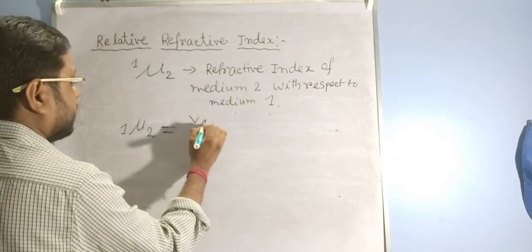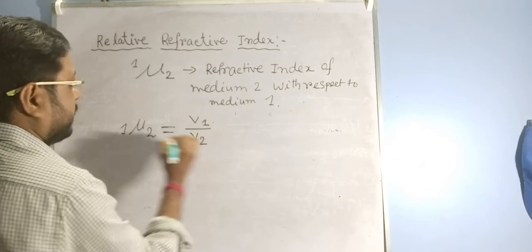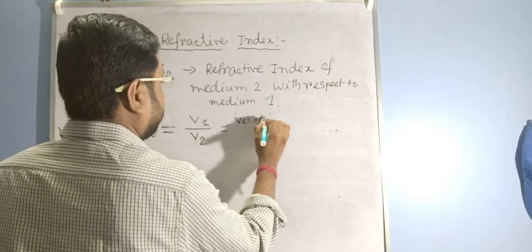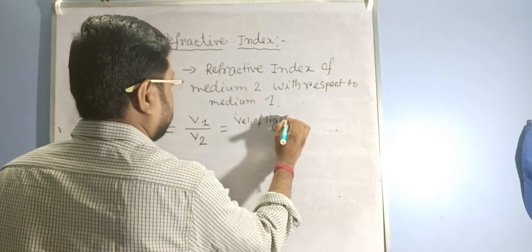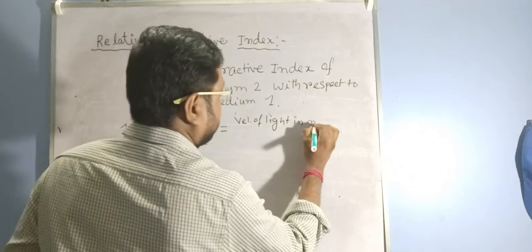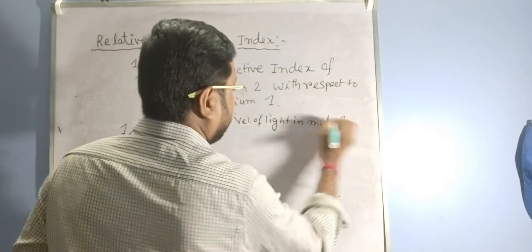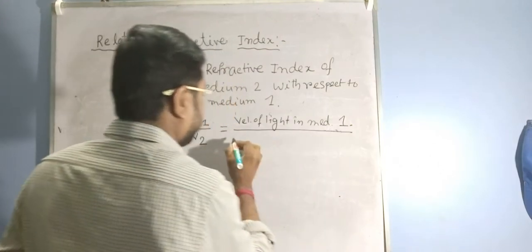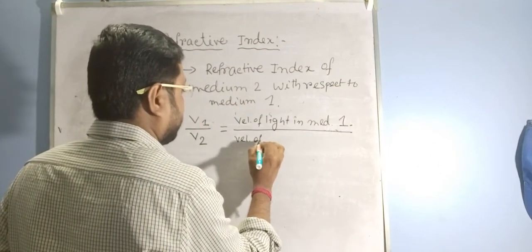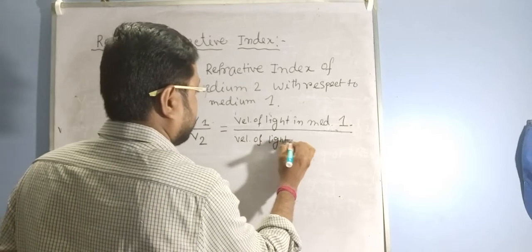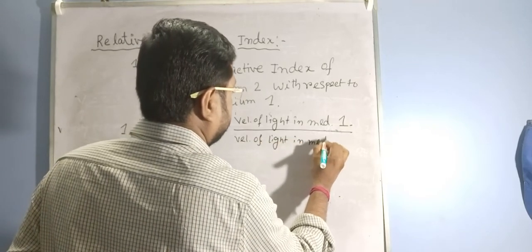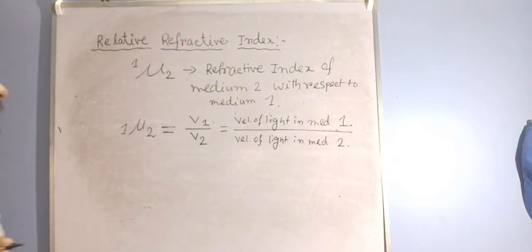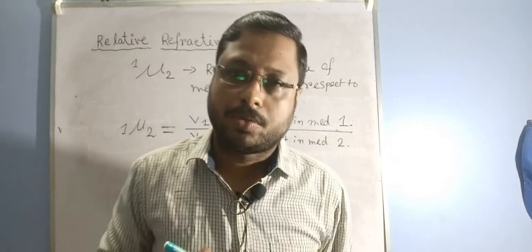It can be written as V1 by V2, that is velocity of light in medium 1 divided by velocity of light in medium 2.